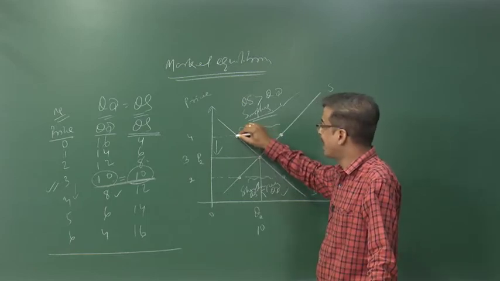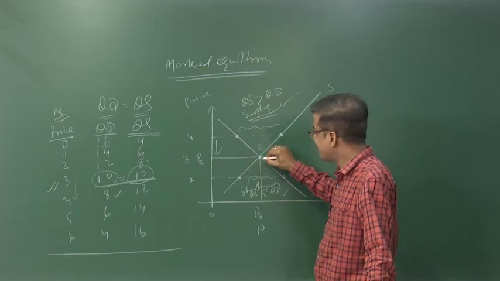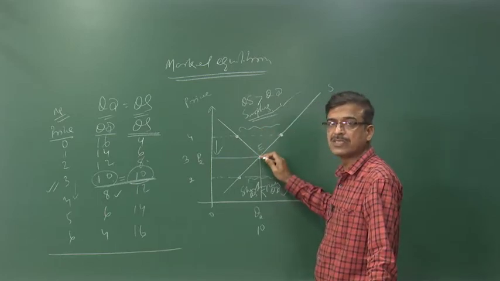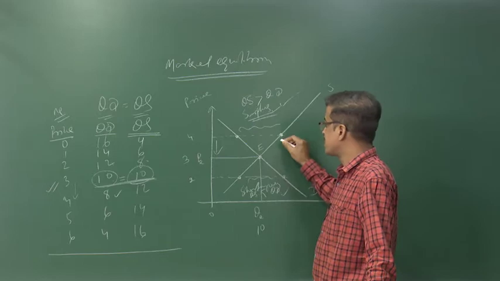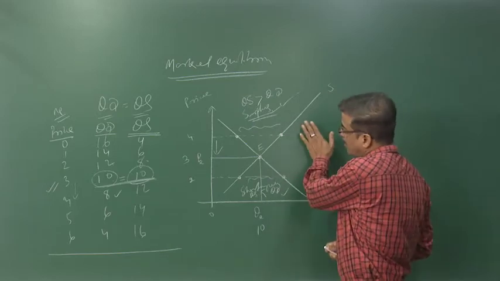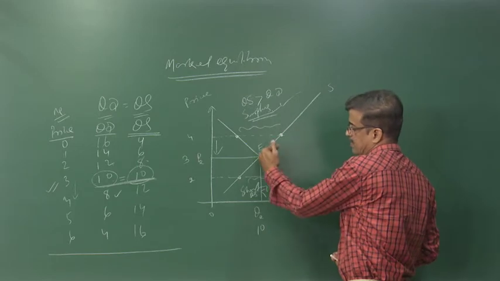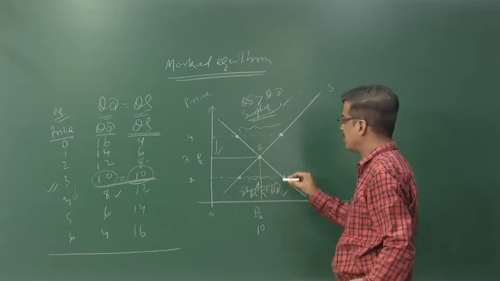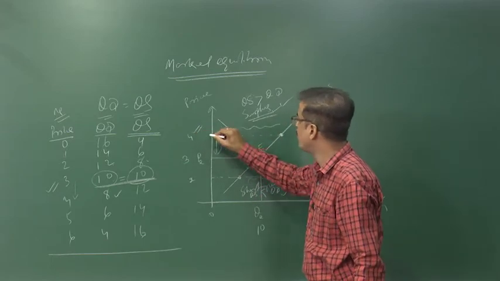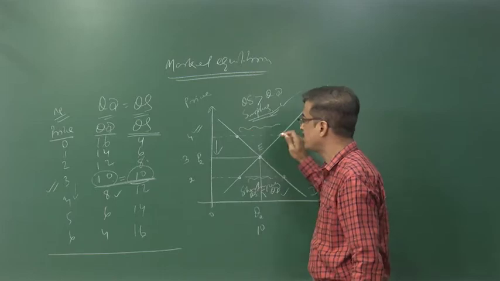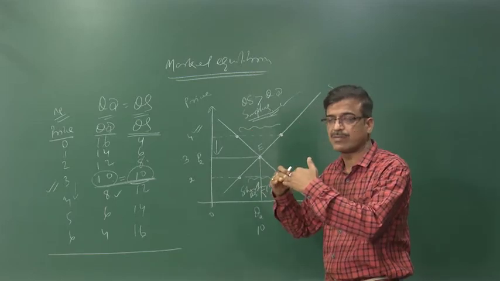So either you increase it or you reduce it, right. Here the demand curve is constant. Now, at rupees 4 there is a surplus, there is a disequilibrium, and equality between demand and supply is not there.